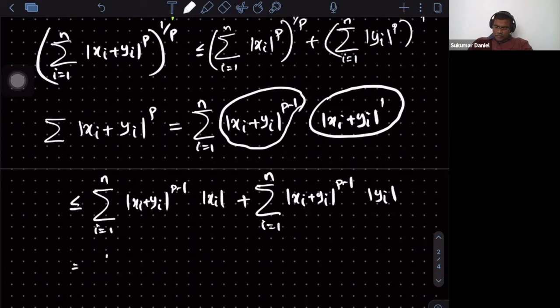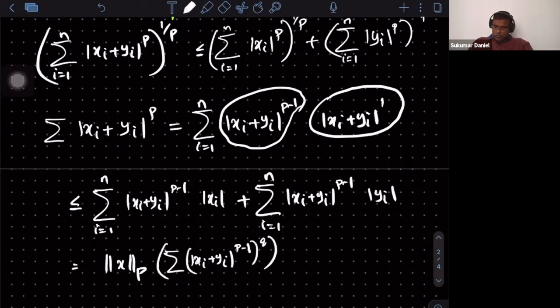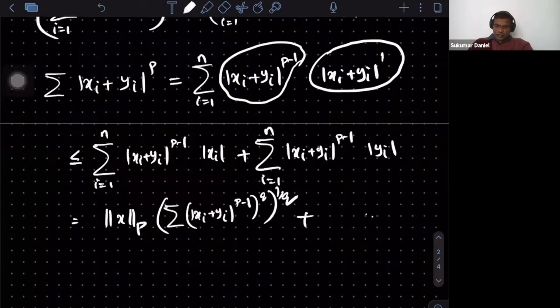Can you see that it is summation mod x p, this terms mod p, and this elements mod q, the q norm of that, which is this, power q power 1 by q. So the next term also we'll write accordingly.